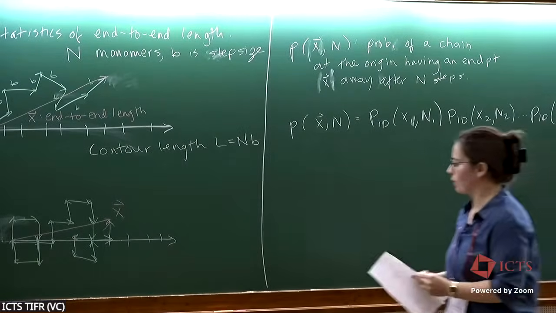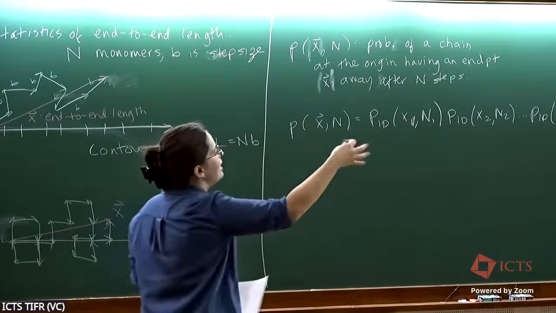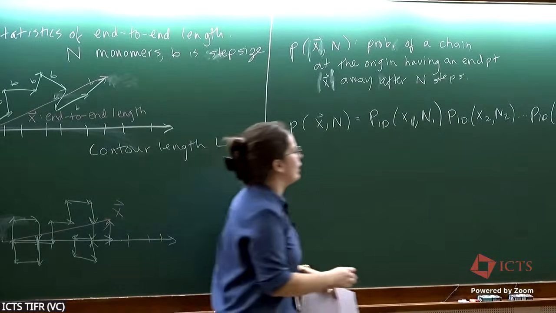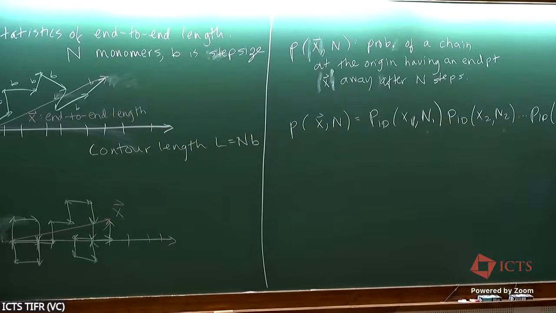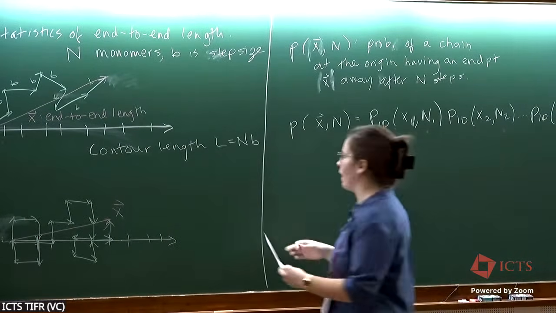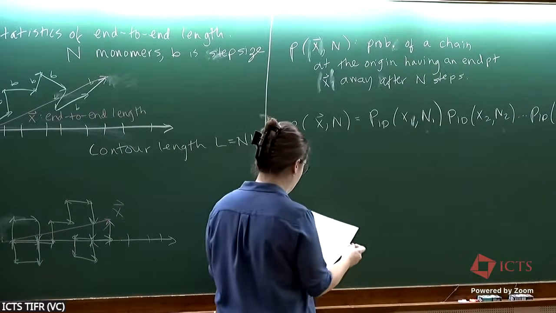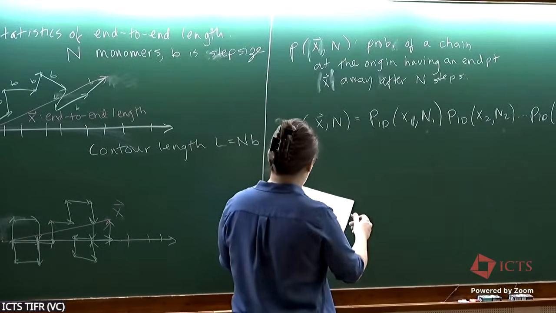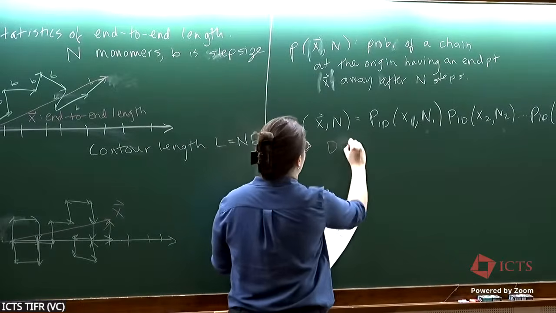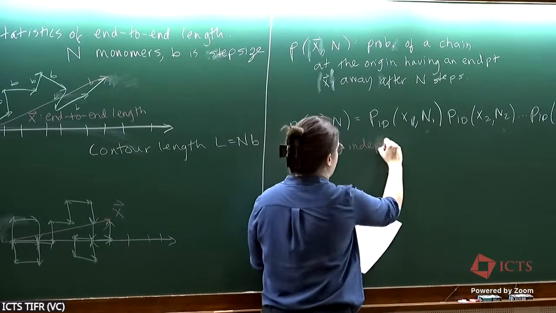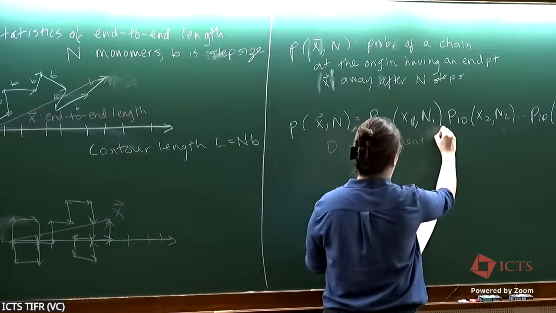So these are D independent 1D walks. The key is that they have different numbers of steps, right? They don't necessarily all have to have N steps because we randomly choose which dimension we're going to walk in.